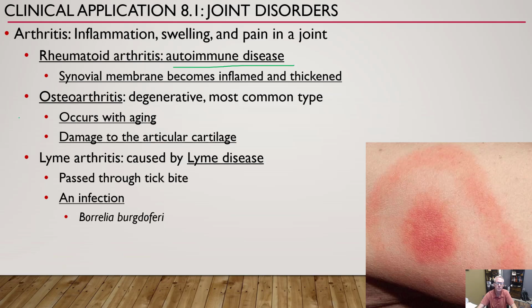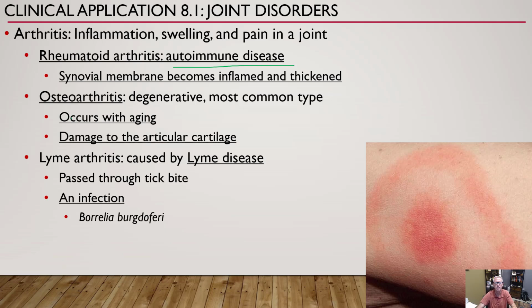Osteoarthritis. It's the most common type of arthritis. Basically, it's a degenerative disease that occurs as a person gets older. It's damage to the articular cartilage. Remember, that's what surrounds the ends of the epiphyses. We also have Lyme arthritis. It's caused by Lyme disease.